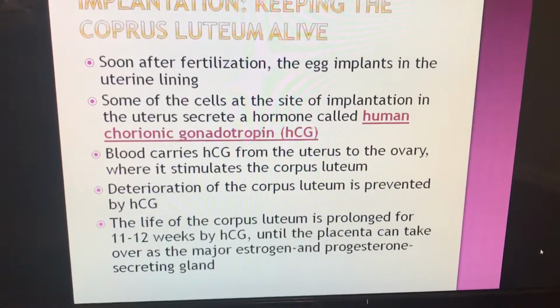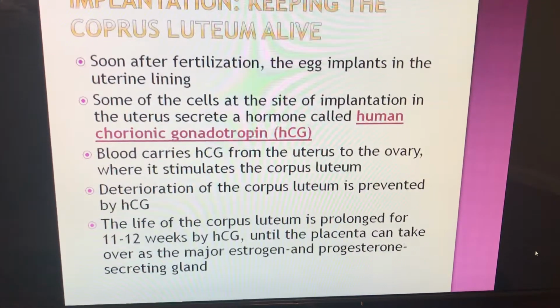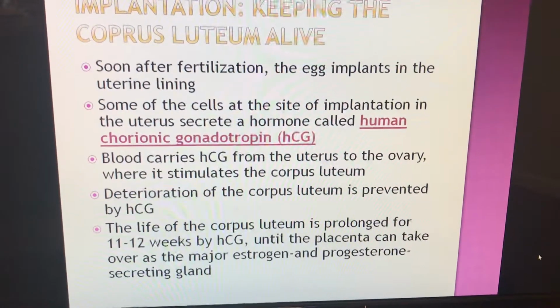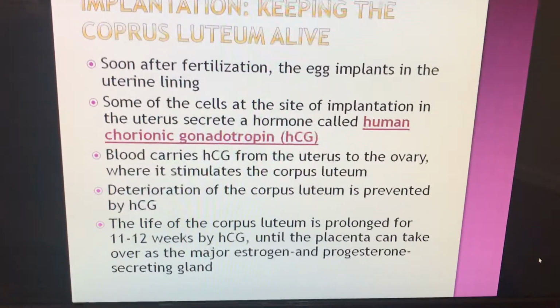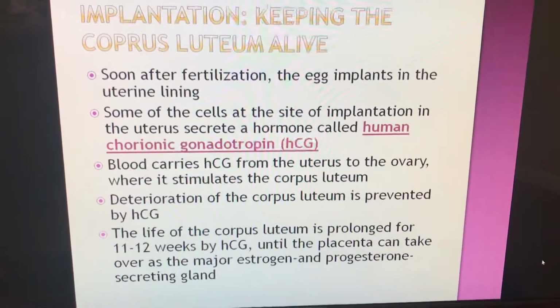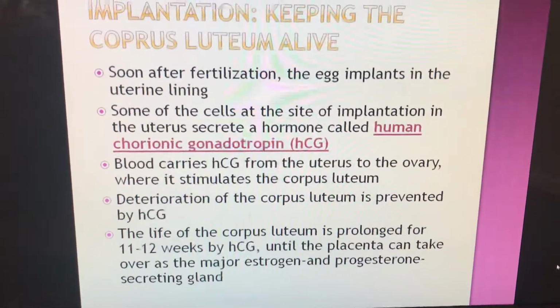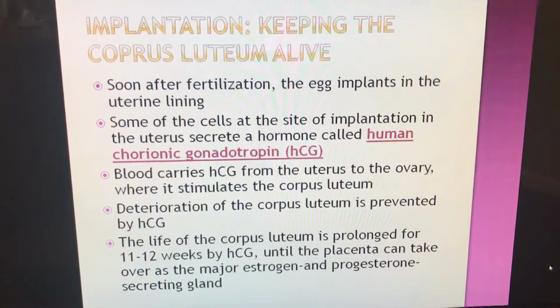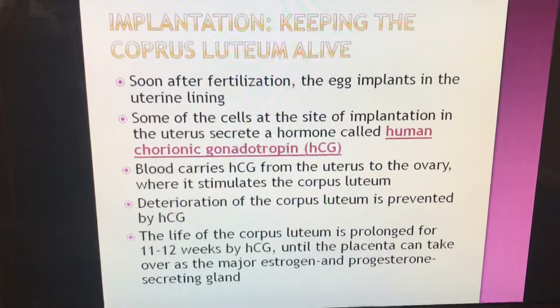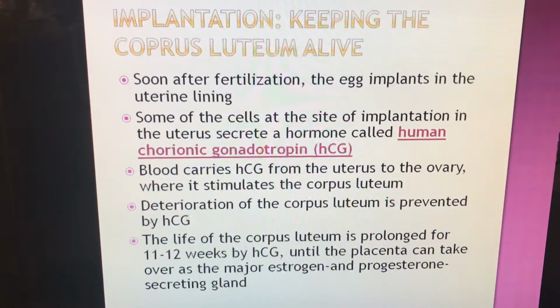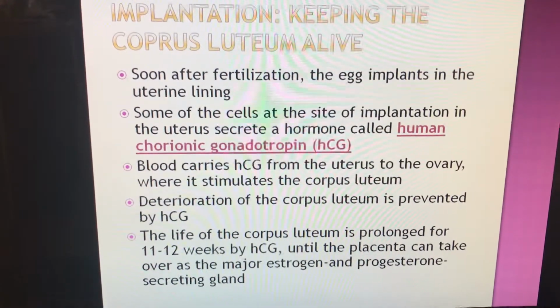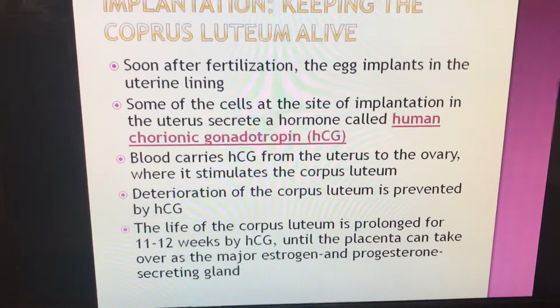So the life of the corpus luteum is prolonged for 11 to 12 weeks by HCG, and so the placenta can take over as the major estrogen and progesterone secreting gland. This is the hormone that gets picked up if you were to do a pregnancy test. So it's going to tell the body that you're pregnant so that you don't go through the menstrual cycle again.